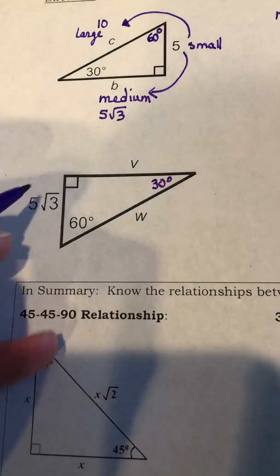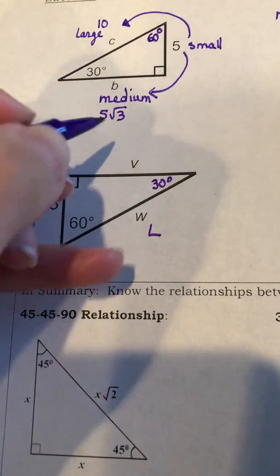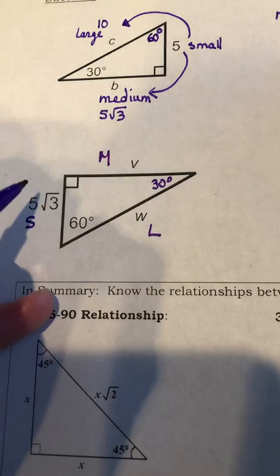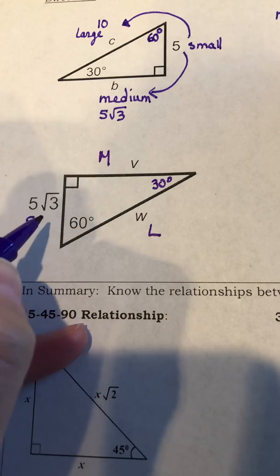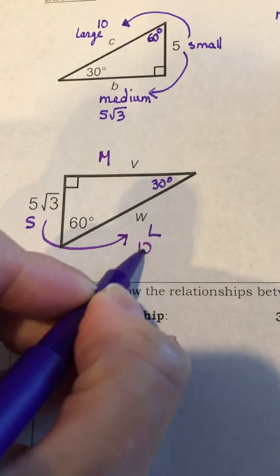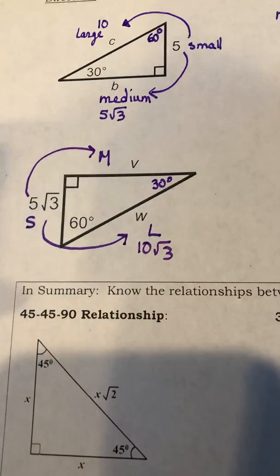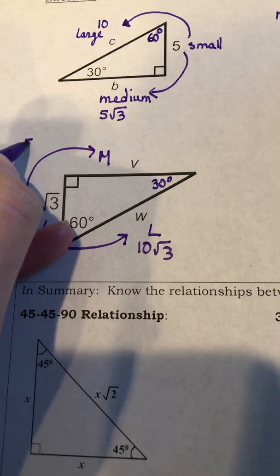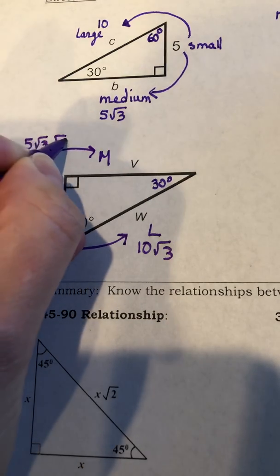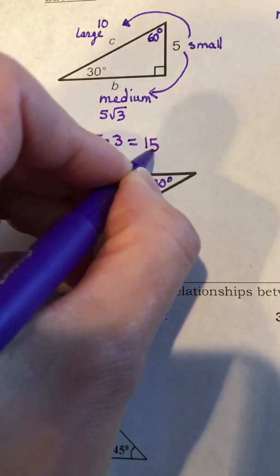So 5 root 3 is my small, W is my large, and V is my medium. Again, I'm given the small side. Going from small to large, I'm going to multiply by 2, so that's 10 root 3. And going from small to medium, I'm going to multiply by root 3. 5 root 3 times root 3 equals 5 times 3, which is 15.